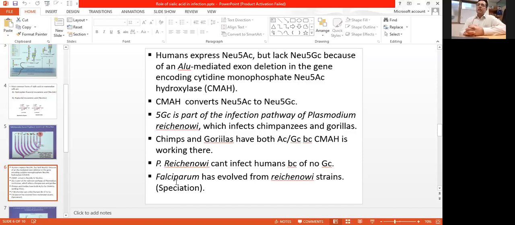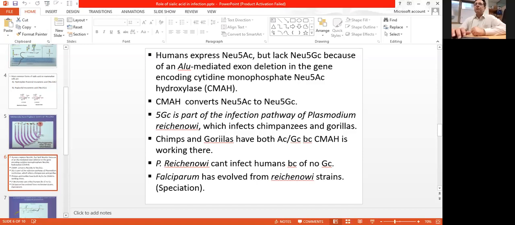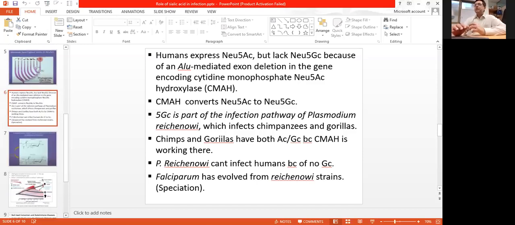So human beings are too numerous on the surface of the earth right now if you compare them with chimpanzees or gorillas. So it has a historical background too. The parasites definitely would not have missed that opportunity to evolve some ways to tap into this opportunity to infect human beings. So it changed its way, and in doing so, it evolved into different forms.